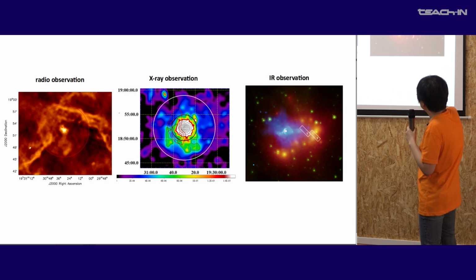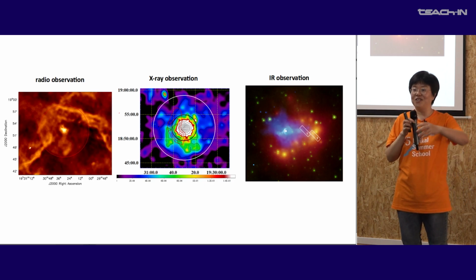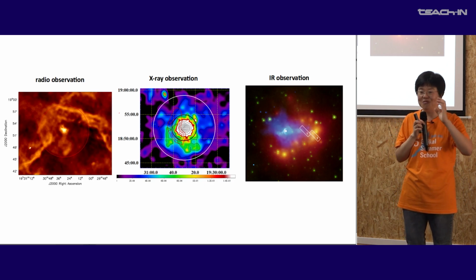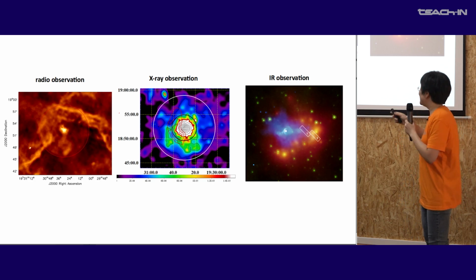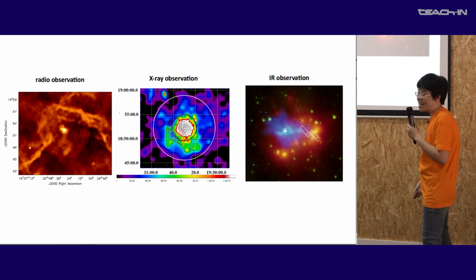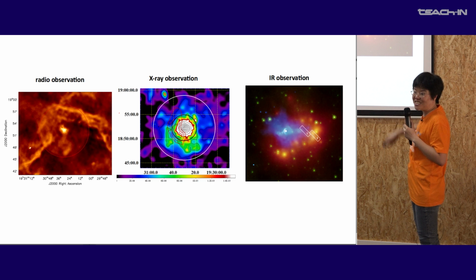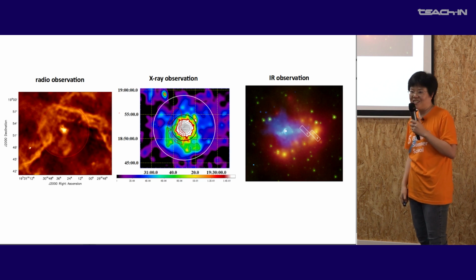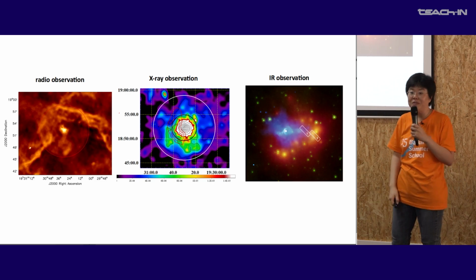And then the infrared observation, which I already told you comes from the dust. It's a combination figure. In the center, the blue region is the X-ray, and the radio is the reddish region. It's quite good: the pulsar wind nebula can be distinguished from the supernova remnant.